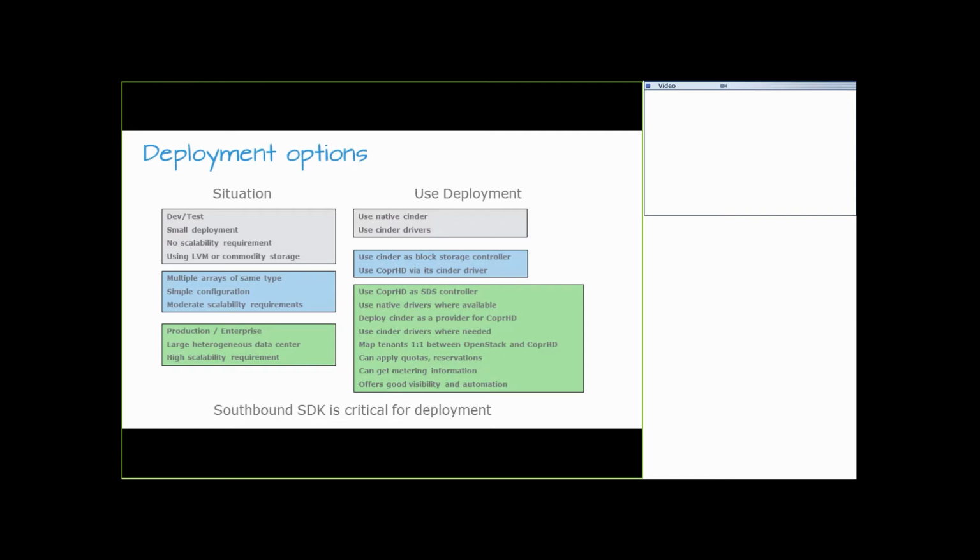In the first case, in a simple environment, you will still use the current Cinder with its own driver. Then you go to the next stage, the blue one, where you use Cinder but use CoprHD with its Cinder driver. No, it's too complicated. Sal doesn't want that middle state, right?